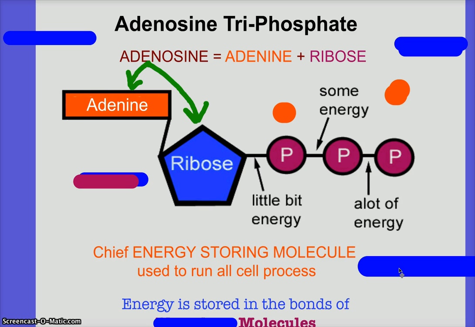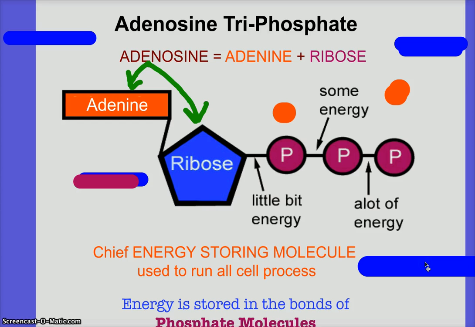Passive, no energy. Active requires energy. What energy they use is ATP. When a molecule has to go through the cell membrane from low to high, ATP is what takes it there. That's the energy. A lot of reactions require energy. So ATP production is super important in the cell.